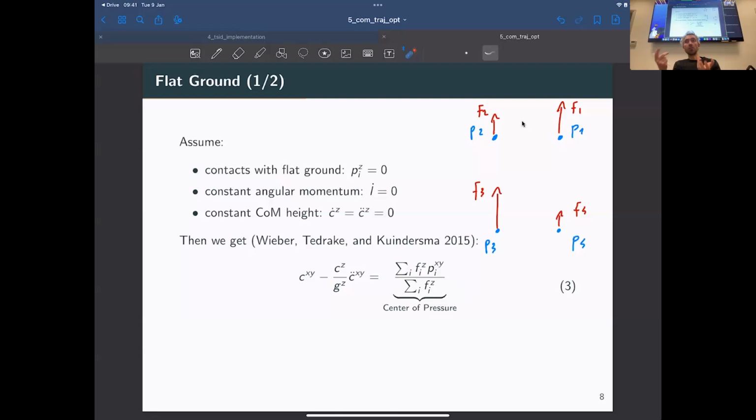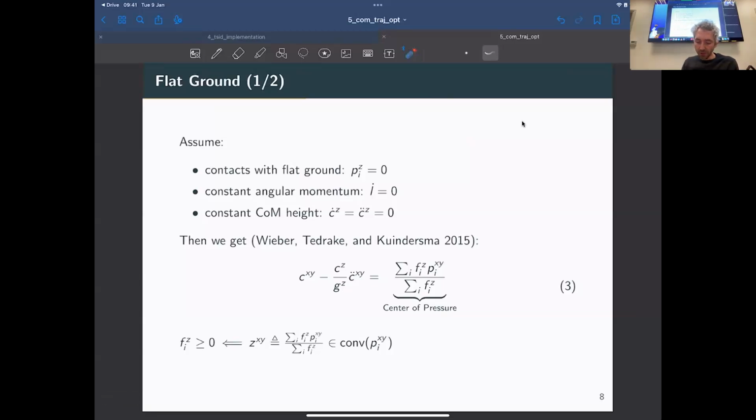I don't know if you've ever encountered that during your studies, but that's actually one of the possible definitions for the center of pressure when you have contacts between two surfaces. But what we care about is that by definition, this quantity must be inside the convex hull of the contact points, because of the property that the normal forces can only be positive.